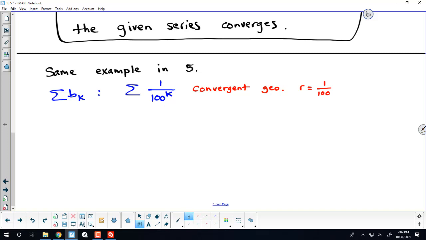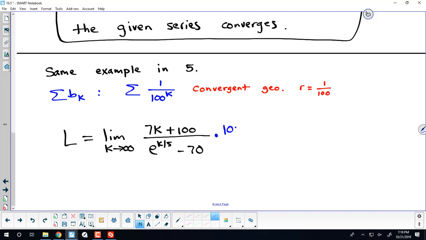Okay, and then when we compute the limit this time, our a divided by our b, or times 1 over b, what would that limit be?